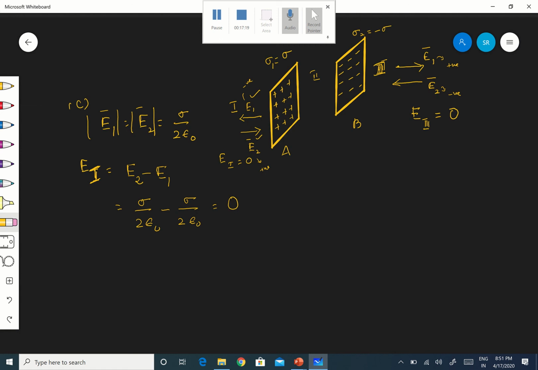Right. Now, come to this. This region is very, very important. Which region? In between. Let me highlight it with some other color. Now you see, in the second region, due to A, the field will be in this direction.